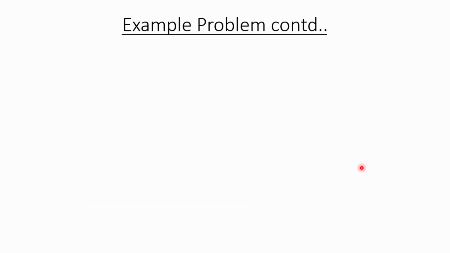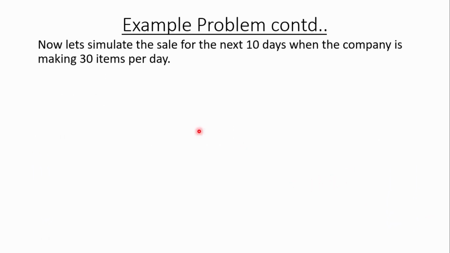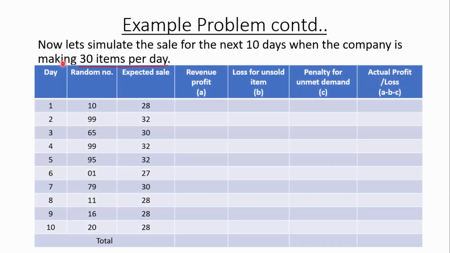Now let us move ahead. Now let us simulate the sale for the next 10 days when the company is making 30 items per day. So here we need to identify that the company is making 30 items per day. So let us see. Now this is the table we are going to make here, and we need to understand that this is day, that means from day 1 to day 10.